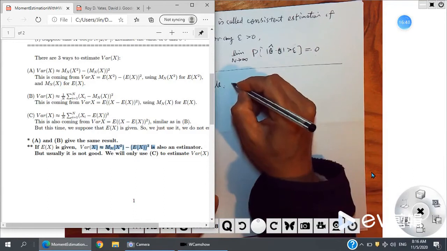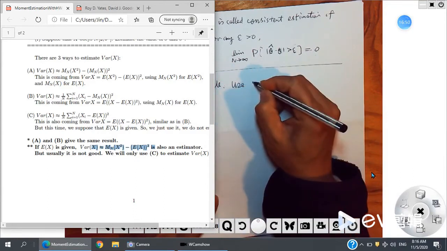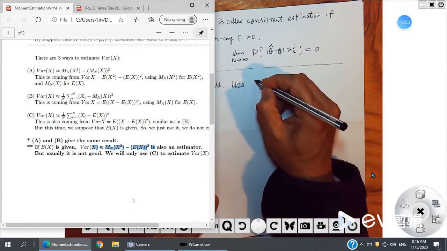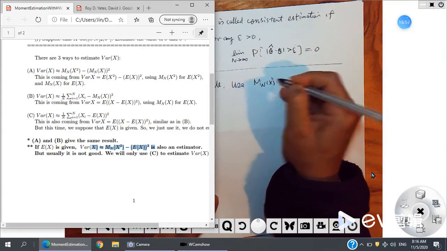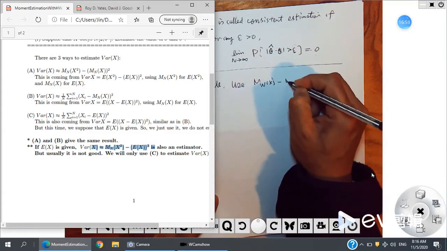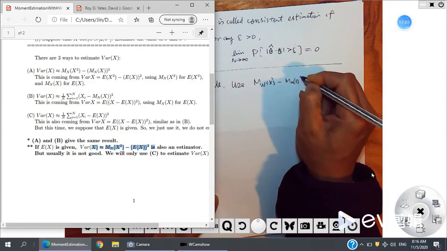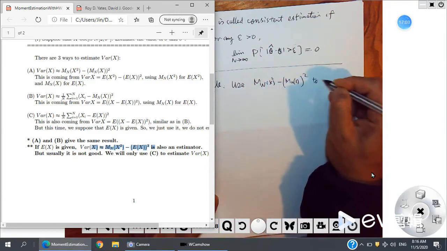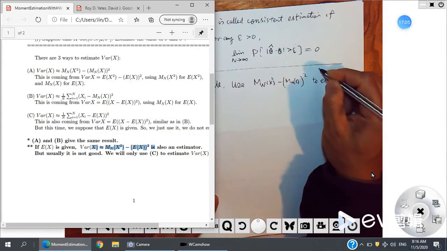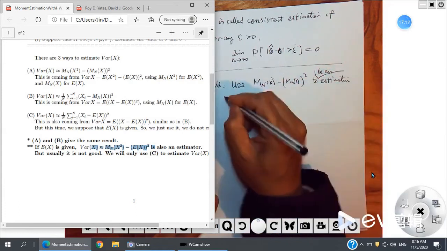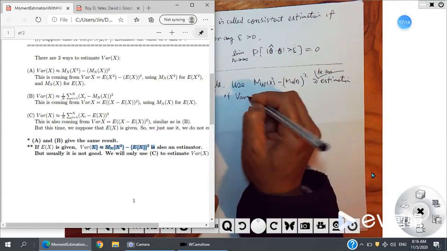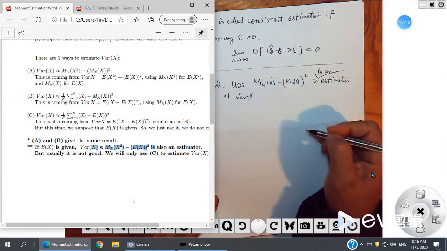We use that one, mean of x squared minus the square of the mean of x, to estimate the variance of x.